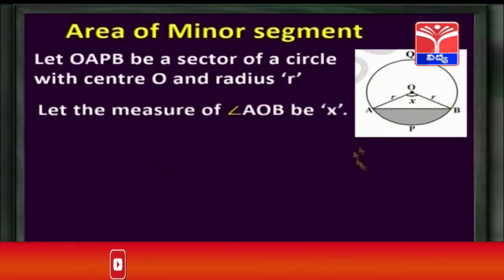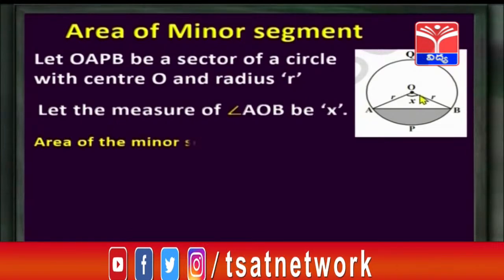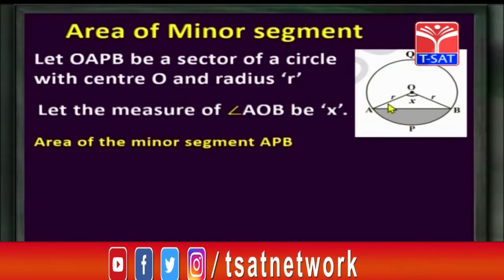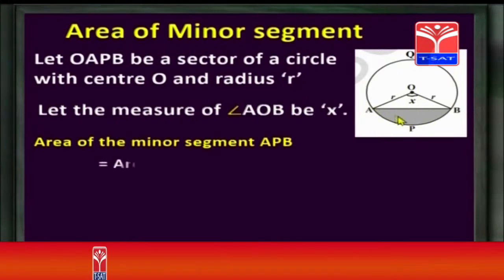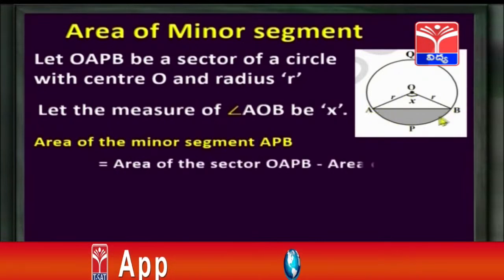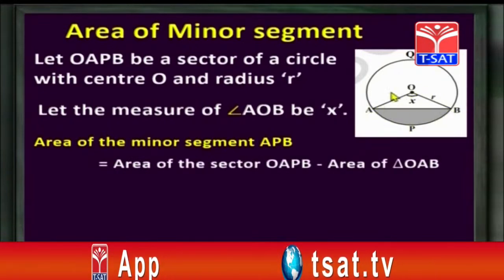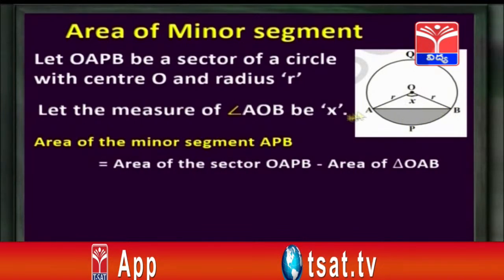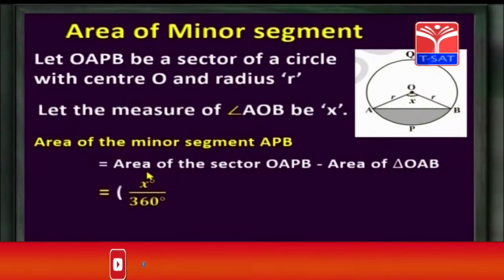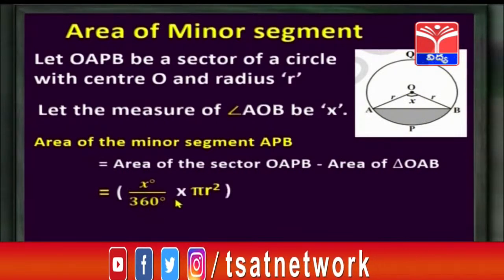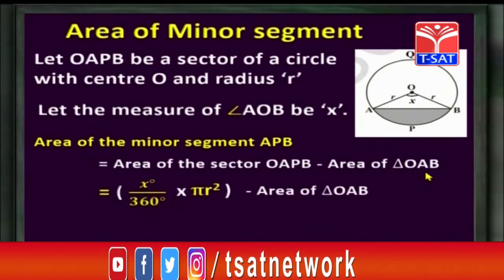Let the measure of angle AOB be x. This is the angle of the sector. Then the area of the minor segment APB is equal to the total area of sector OAPB minus the area of triangle OAB. The area of sector is x by 360 into pi r square, minus the area of triangle OAB.